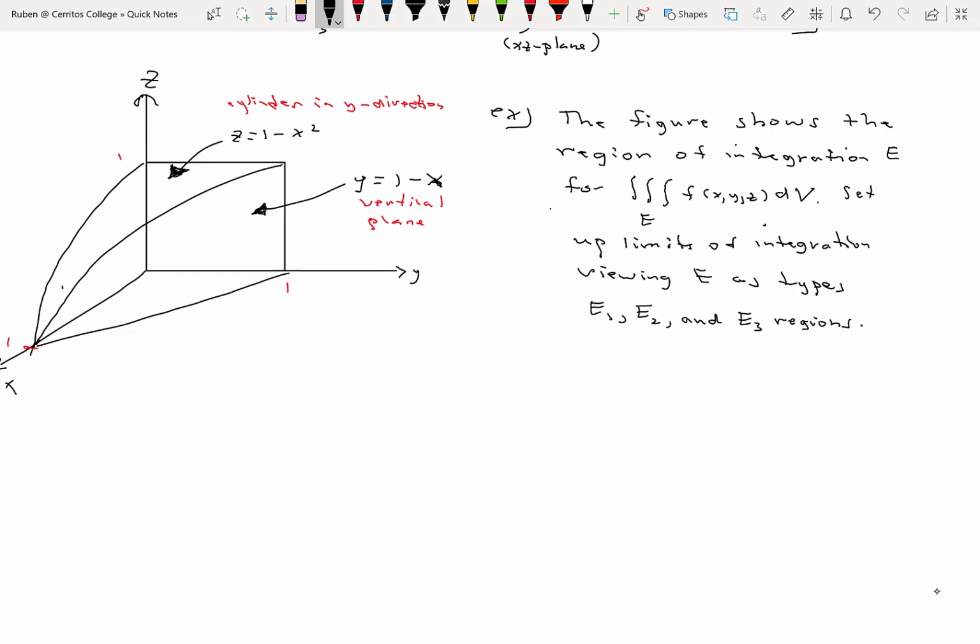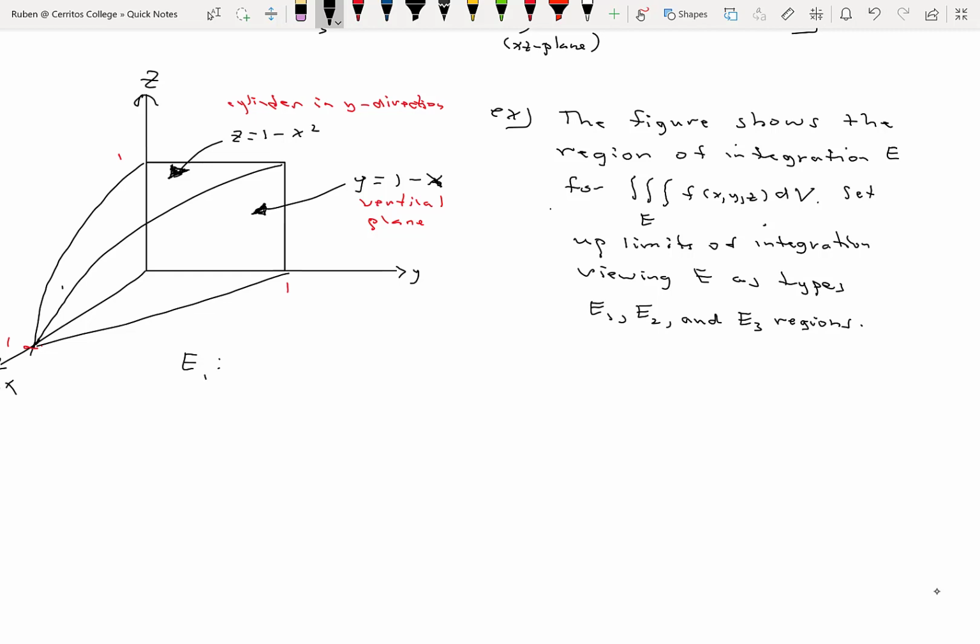So let's interpret this as a type 1 region. Let's view this region E as a type 1 region. So when we view the region as a type 1 region, there's a surface on top, and the surface on top is z equals 1 minus x squared.